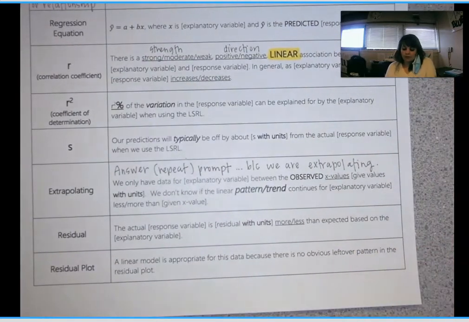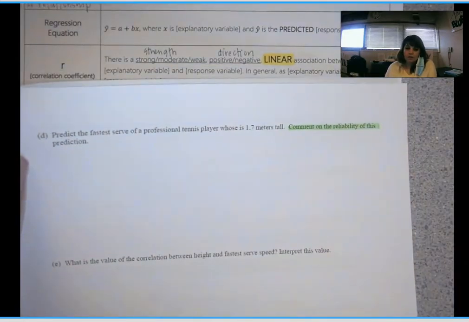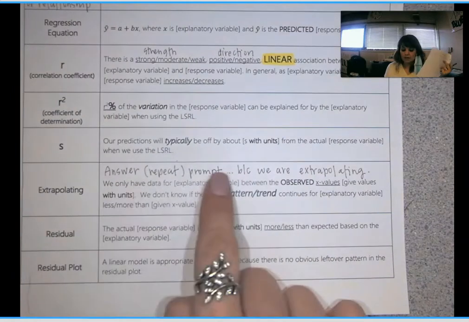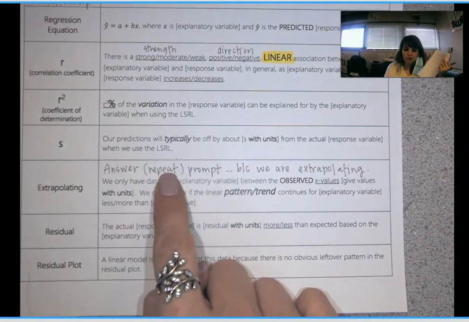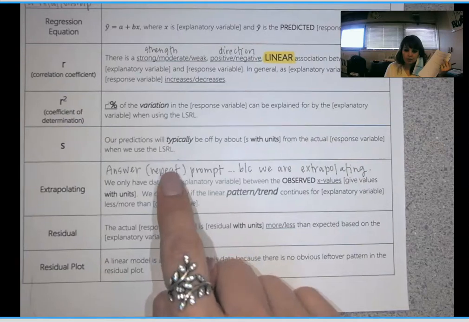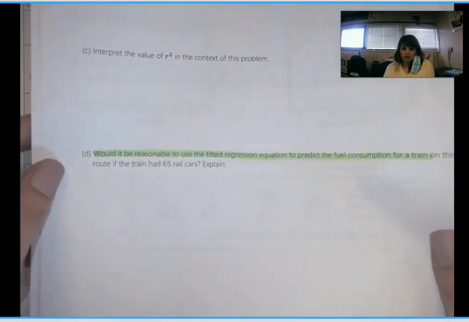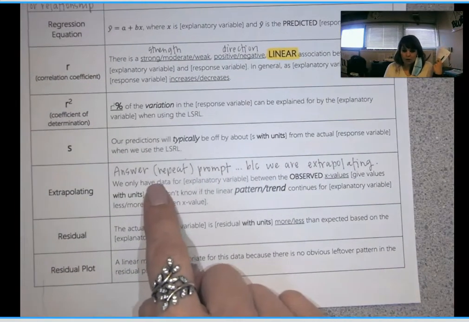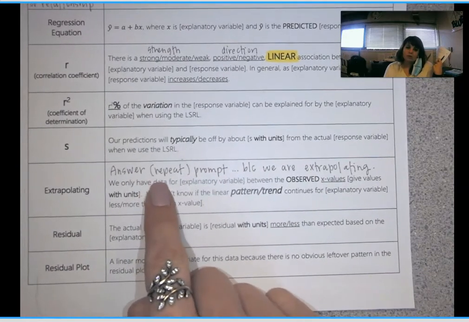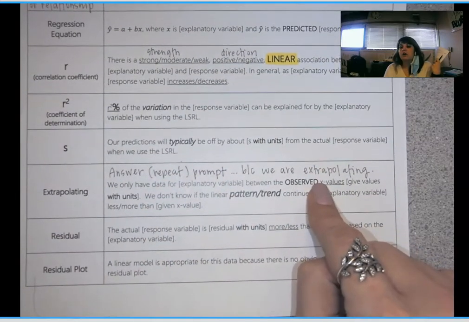On that first problem that we looked at, the prompt was, comment on the reliability of this prediction. So answer the prompt or repeat the prompt would be, this prediction is not reliable because we are extrapolating. For this one, would it be reasonable, to answer that, repeat the prompt: it would not be reasonable to use the LSRL to predict this value because we are extrapolating.